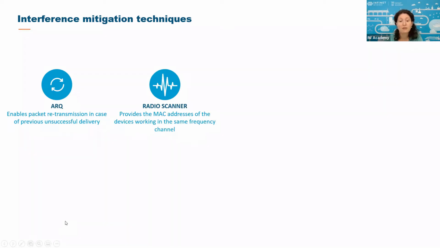Next, the devices of the Infilink 2x2 and of the Infiman 2x2 families allow you to obtain the MAC addresses of the devices operating in the selected frequency channel using the radio scanner tool. It is possible to identify the source of interference and to decide on measures in order to eliminate its effects on the link.